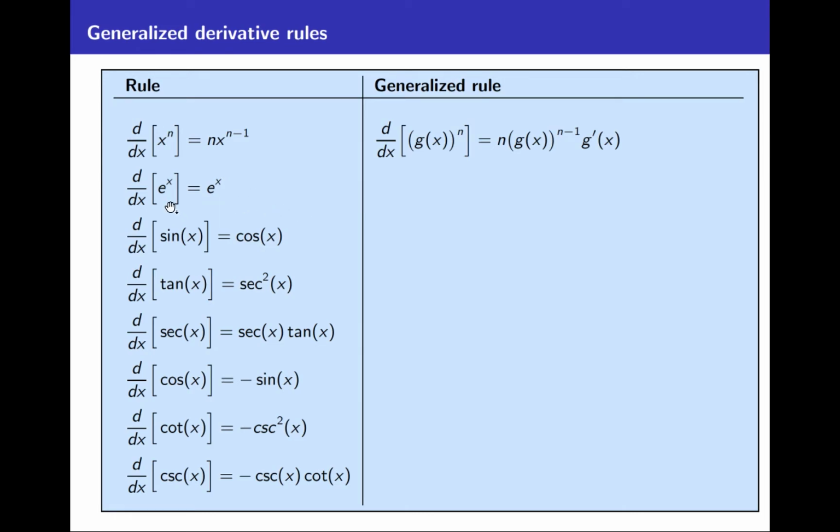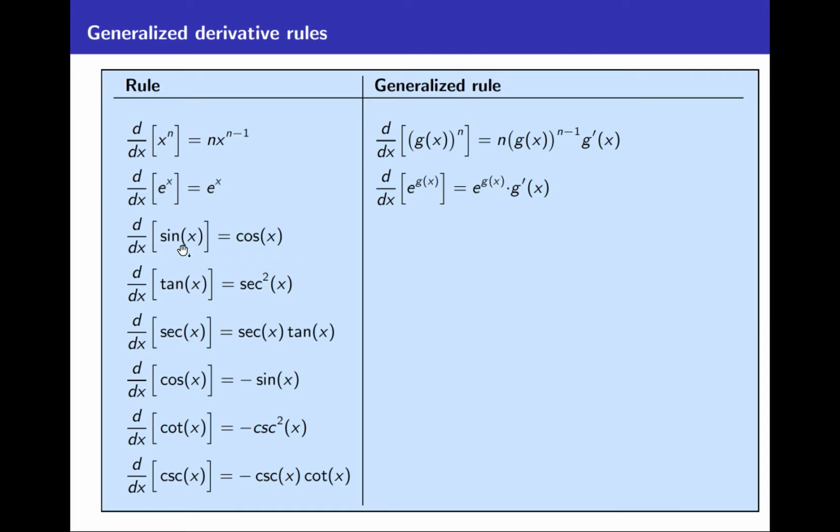And the generalized exponential rule, it's what happens to this rule for the derivative of e to the x when you insert a g of x in for x. The derivative of e to the g of x is e to the g of x times g prime of x. And we could continue with this.